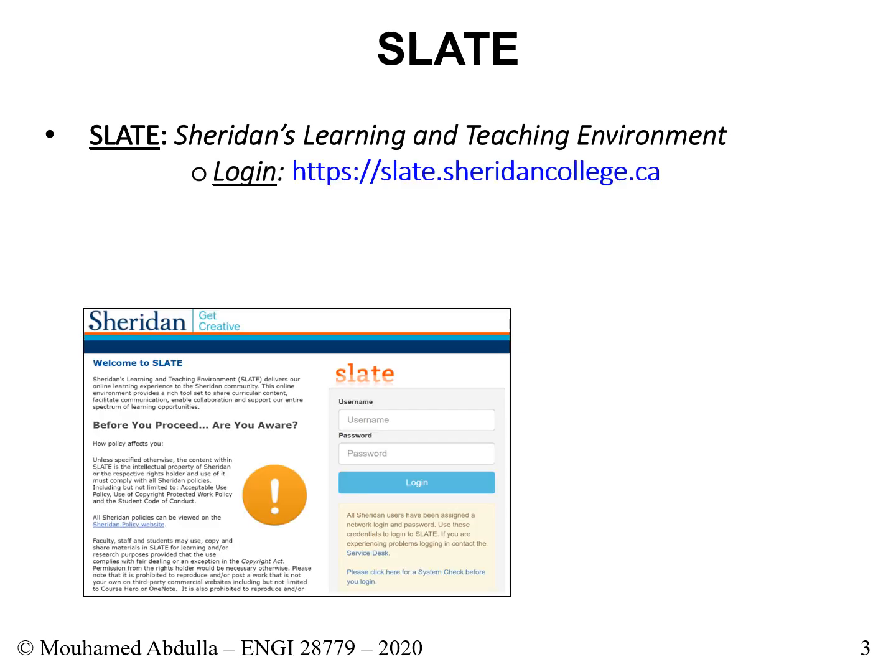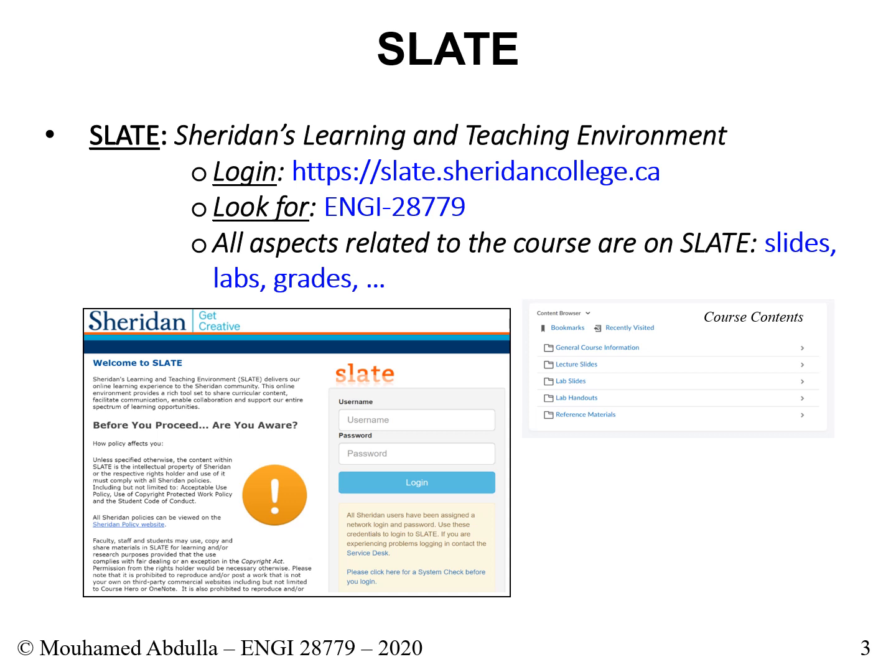The way to log in, I certainly hope everybody knows this link by now, is this link here, and you put in your username and password, and once you log in, you should look for the course ID ENGI 28779. Once you go there, that page will be the main landing page for this course.